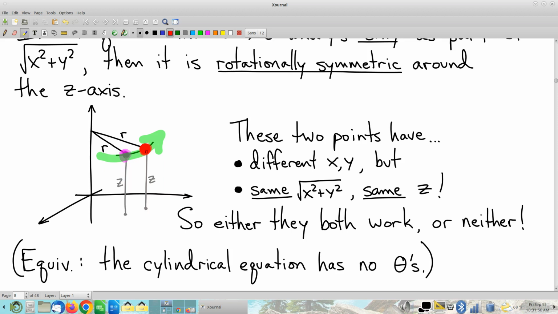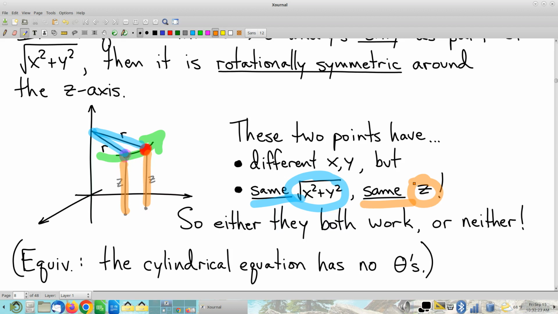But let's look at this one here, this different point. They have different x's. They have different y's. But they do have the exact same value of r, a.k.a. the square root of x squared plus y squared. Right? And they have the exact same value of z.